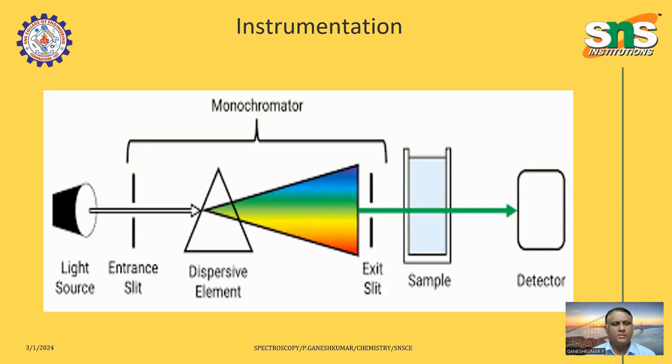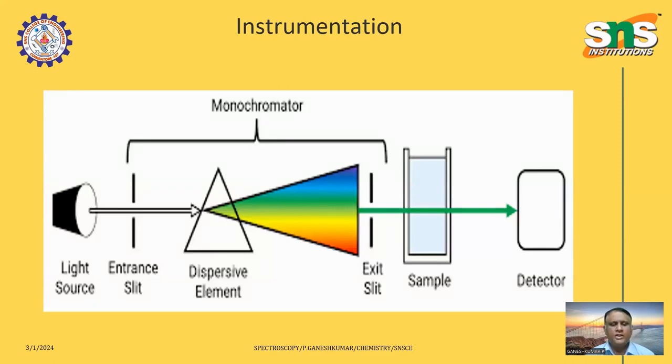So now we come to the part of instrumentation. This is a simple block diagram of the instrument. So we have a light source, and the light enters through the entrance slit. Then there is a dispersive element. The dispersive element splits the light into several regions.